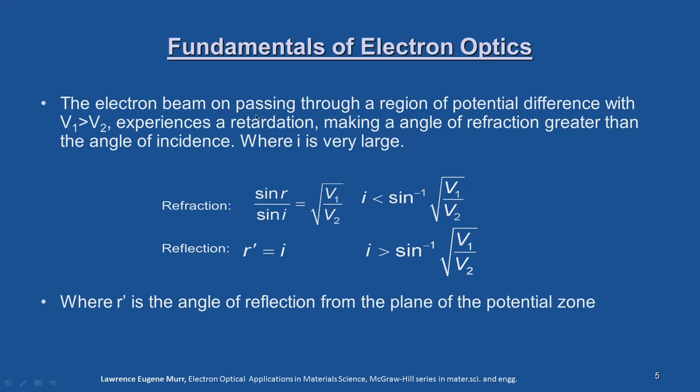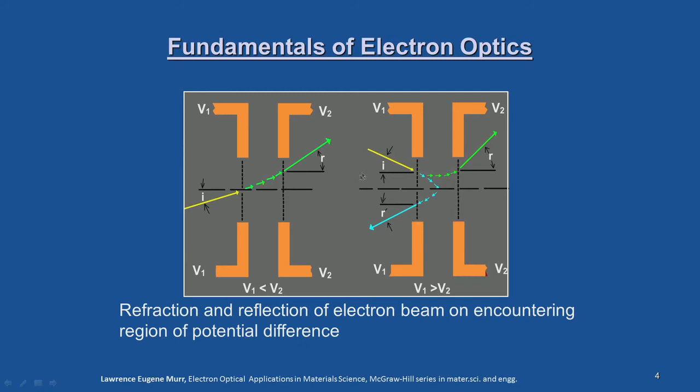The electron beam passing through a region of potential difference with V1 greater than V2 experiences a retardation, making the angle of refraction greater than the angle of incidence. So, this is what we have just seen.